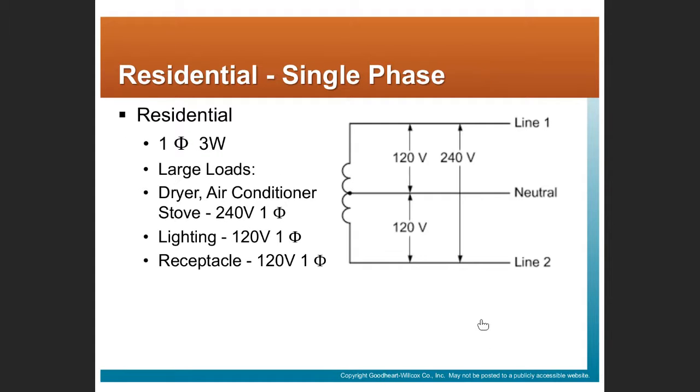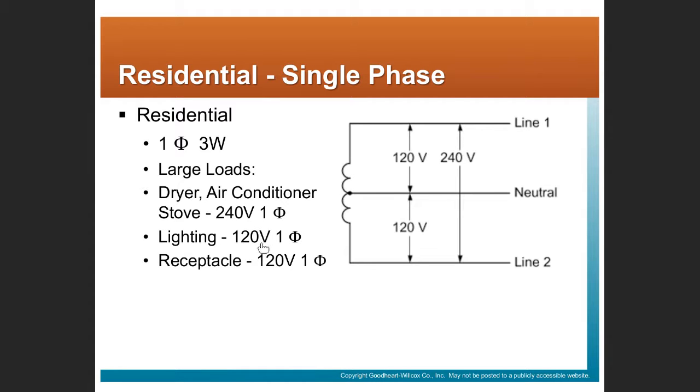In our residence, right, we typically have 3 wires coming into our house, right? 2 black ones and an uninsulated silver one, right? 2 hots and a neutral. But those 2 hots are single phase, right? So we have single phase 3 wire.